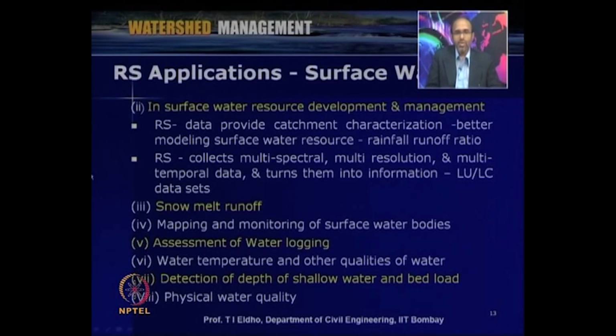Then, on a river basin scale or for large areas, we can assess how water logging is taking place in that area. We can also identify water temperature and other qualities of water, even water pollution, sedimentation, or oil spillage in the ocean. All those things we can identify using remote sensing techniques.